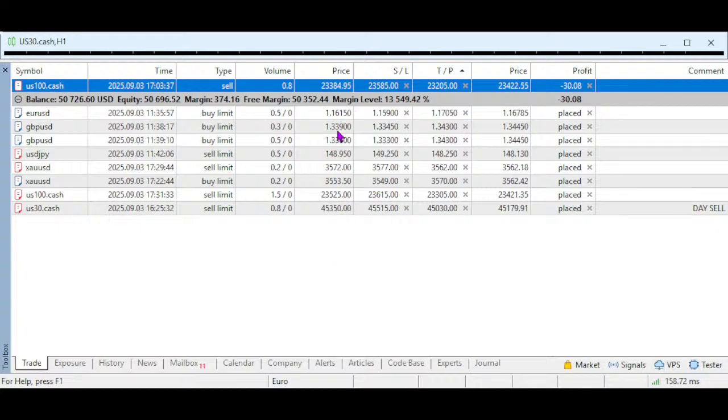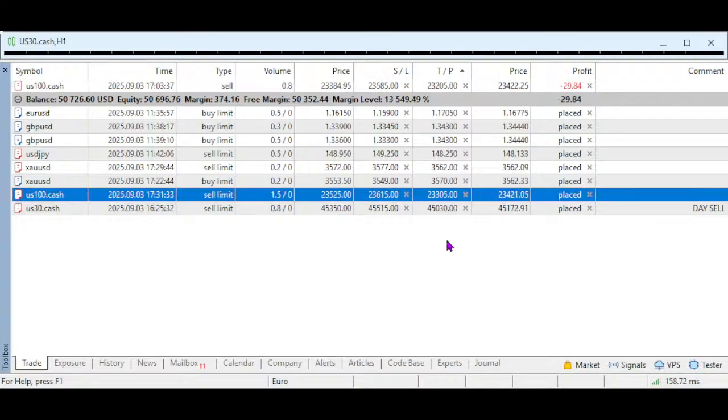So we are having a buffer entry on the Nasdaq: selling at 23,525, stop at 23,615, and TP at 23,305. Expiry is at least 2 to 3 hours. It's only about 100 pips away, so I think 2 hours is fine.